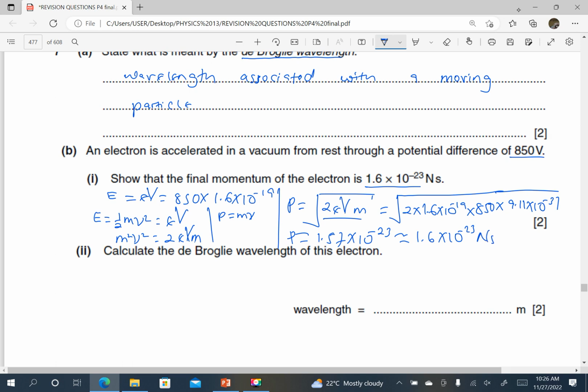Calculate the de Broglie wavelength. Of course, the de Broglie wavelength is equal to h over the momentum, which is 6.63 times 10 power negative 34 divided by the momentum, 1.6 times 10 power negative 23.